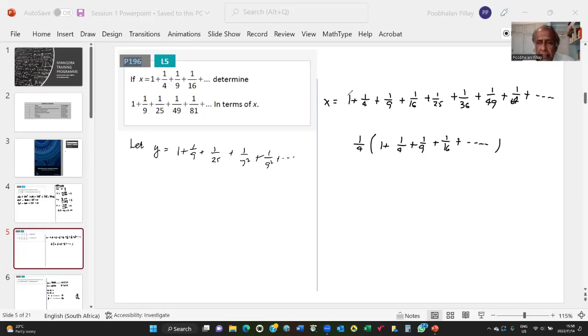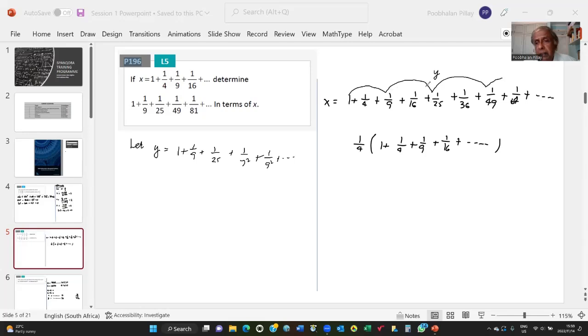So if you go back to x here, you will see that you're adding the odd terms or the alternate terms in this expression, right? And those terms, 1 plus 1/9 plus 1/25, and so on, you've just given it a name. You call it y, right? But there are some other terms which are missing.